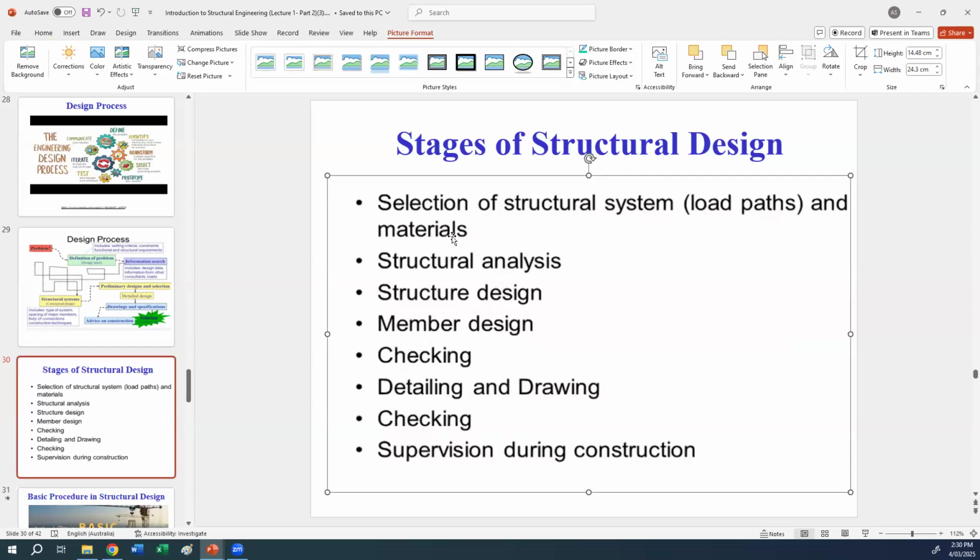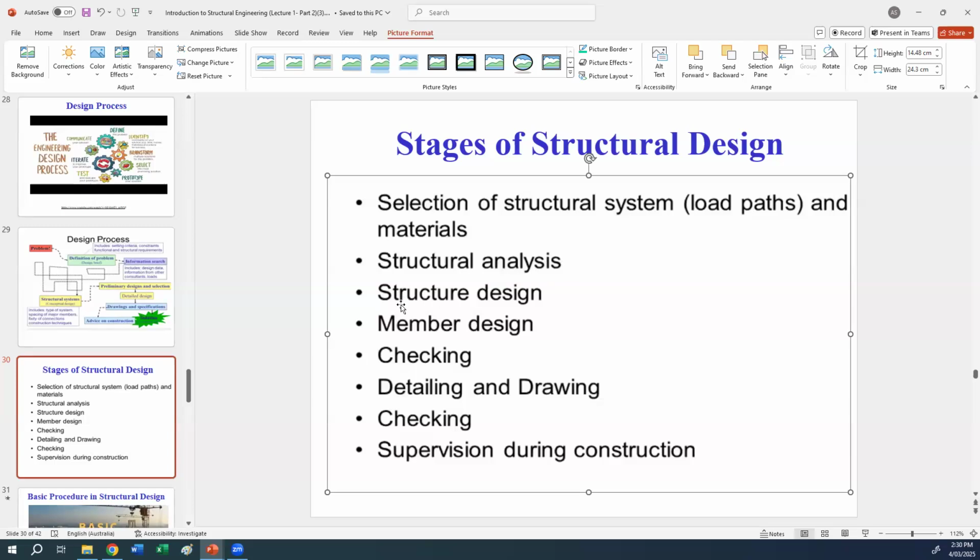You also need to decide what material is used. For example, if it's a steel structure, you will be using structural steel. Then after the system is selected, we have the structural analysis. Structural analysis includes the loading calculation, reaction calculation, and so on.